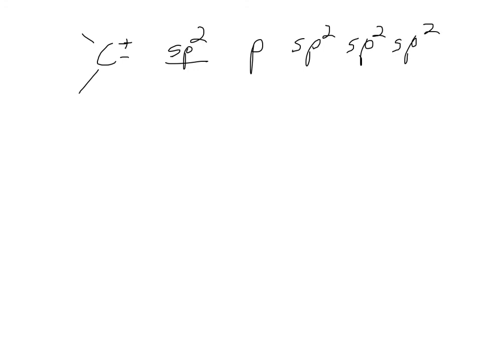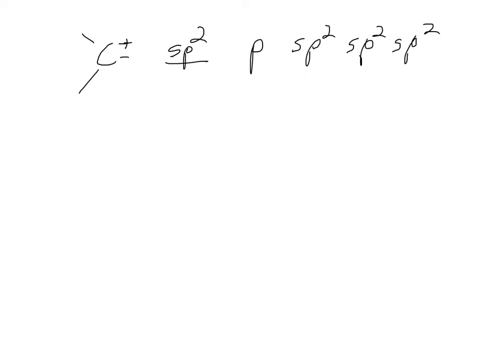So carbenes, we always draw them with a plus and a minus and then bond 2 other things, but what does it actually look like? The hybridization state is sp2 hybridized, which means it has a p orbital and 3 sp2s. And we draw with this plus minus for a reason, because part of the carbene is electrophilic, but also part of it's nucleophilic.